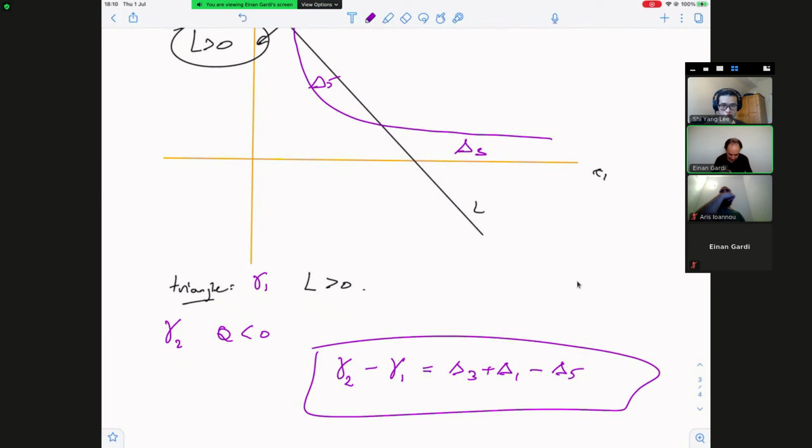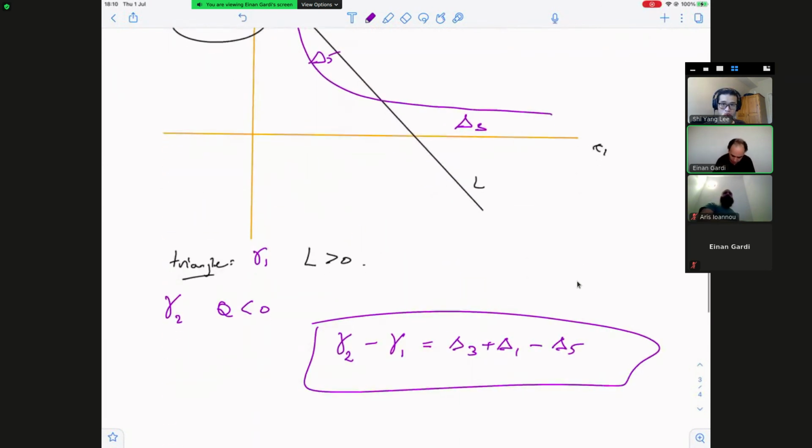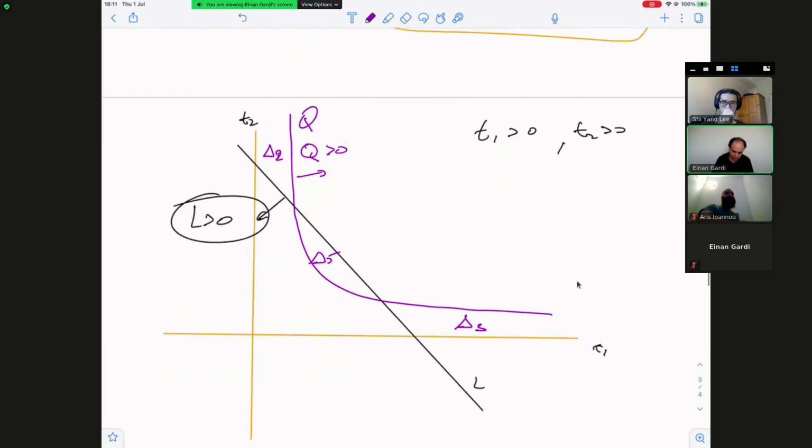Okay. So we know that delta 2, so this is not delta 1, this is delta 2. We know that each of these can be expressed in terms of the Appell F4 combinations that they give. That means that we at least have one combination, gamma 2 minus gamma 1, which is also expressed in terms of the Appell F4 combinations.